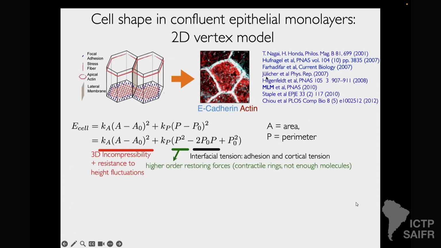And so all the vertex model says is, let's assume that cells have a characteristic perimeter, P0, that they're trying to achieve, and that there's a quadratic penalty when the perimeter is different from that target perimeter, P0. And so here's the quadratic. And also, let's say cells have a target area that they want to maintain. And then you also pay a quadratic penalty for changes away from that target area.